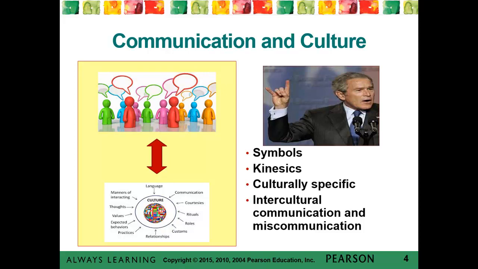He tells us that miscommunication often results when we attach different meanings to the same symbol. One of the big ideas from this part of the reading is that we need to understand that communication and culture interrelate. He says that culture is reflected in the way we communicate, and the way we communicate shapes our culture. Because of our upbringing, we attach specific meanings to what people say and do.